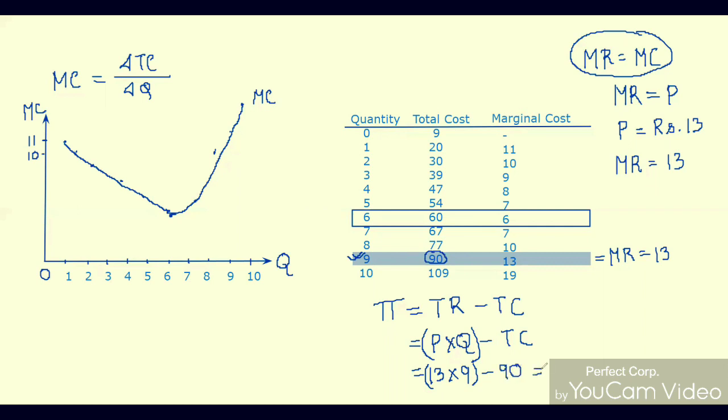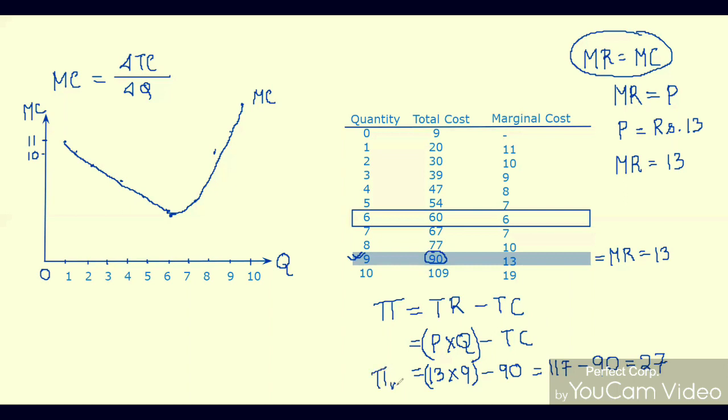So what will be the outcome then? The outcome will be 117, the total revenue that the firm can earn, minus the total cost that is required to produce the 9 units, and the remaining term, that is 27, is the maximum amount of profit that the firm can earn.